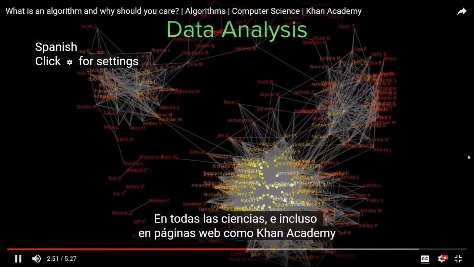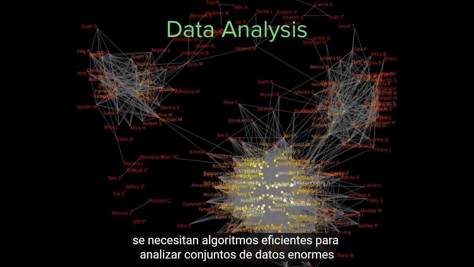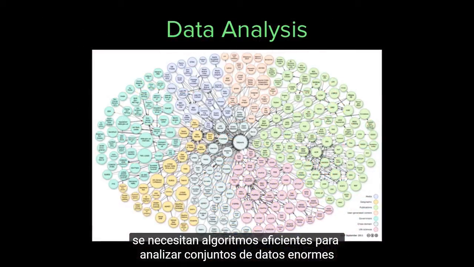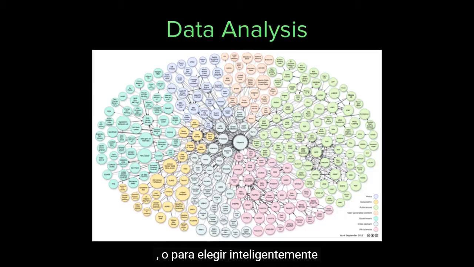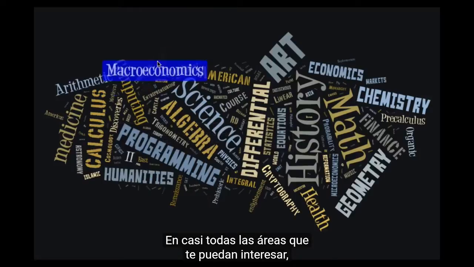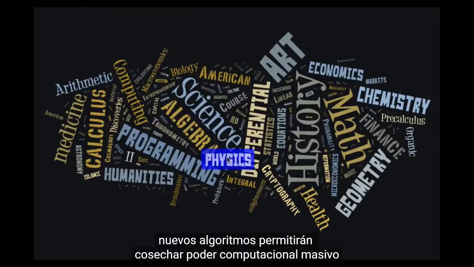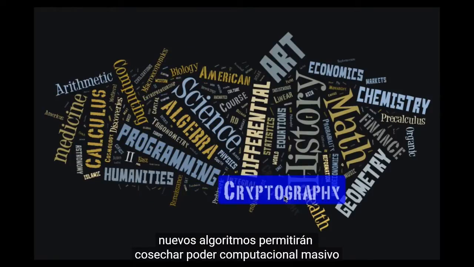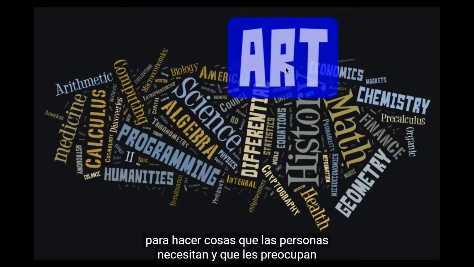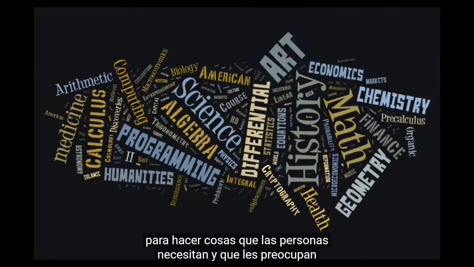Across all the sciences, and even on websites like Khan Academy, efficient algorithms are needed to analyze huge data sets or to select intelligently from a vast number of possible decisions. In just about any area you might be interested, new algorithms will allow massive computational power to be harnessed to do things that people really need and care about.